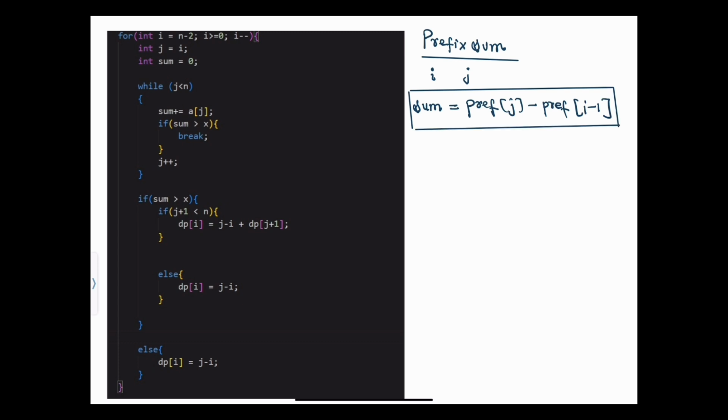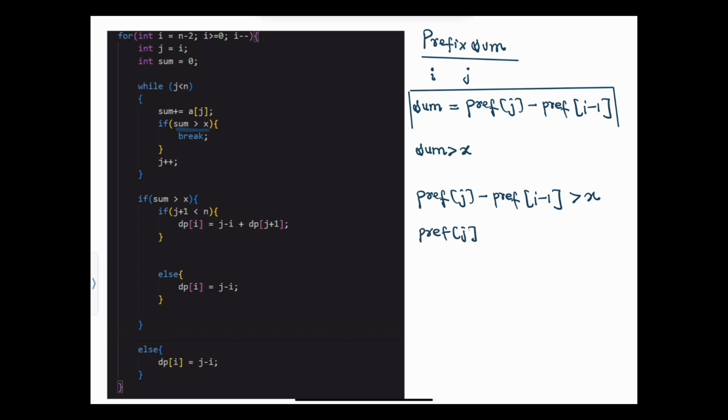Now we are targeting a sum which is greater than x. We are basically trying to find the value of j where the sum becomes greater than x. So if the sum is greater than x, we can say that pref of j is going to be greater than x plus pref of i minus 1.